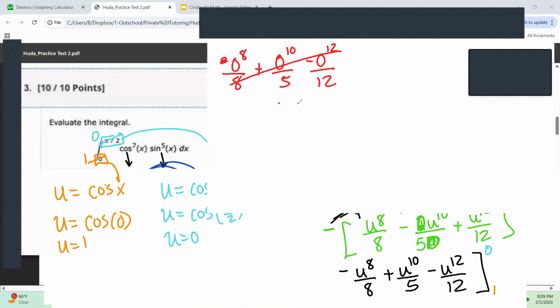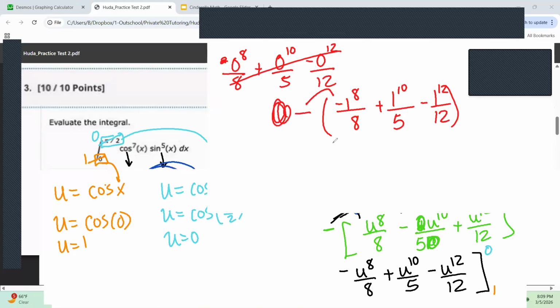This is all just going to be 0. And then it's always a minus. And now plug in 1. So that would be negative 1 to the 8th over 8 plus 1 to the 10th over 5 minus 1 to the 12th over 12. You can go ahead and distribute this negative, which will turn positive 1/8, because that's just going to be 1.